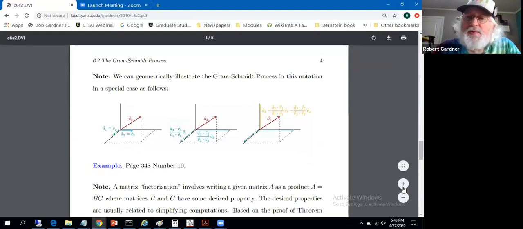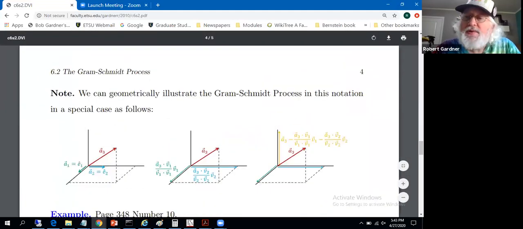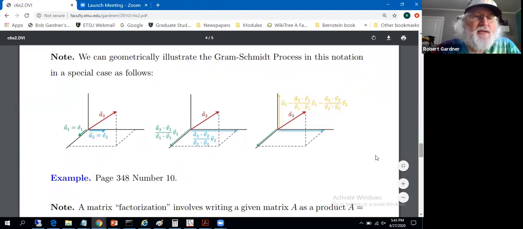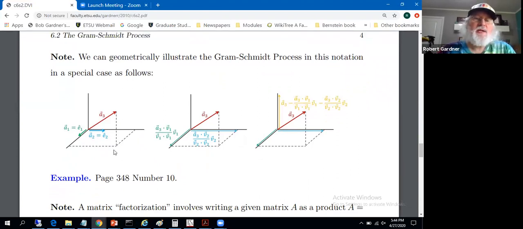Here's a little picture, let me make it bigger still, where we're taking this vector a sub 3 along with a vector a1 and a2 for simplicity. Let's let a1 point along the first axis, a2 point along the second axis, and a3 points out into space, as it were, as indicated by the dotted lines. What we're going to first do is take v1 to be this first vector.